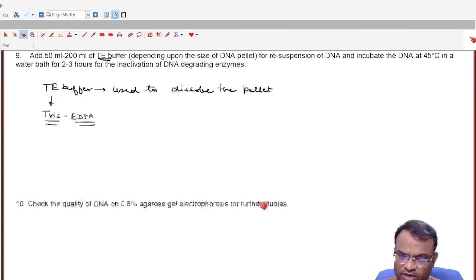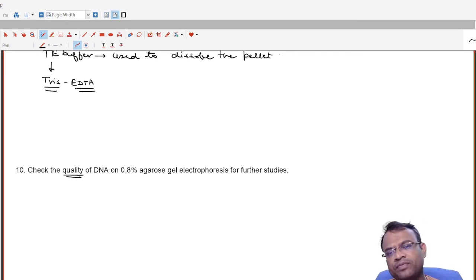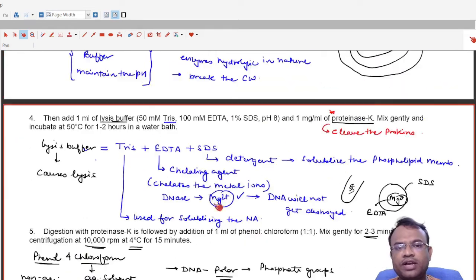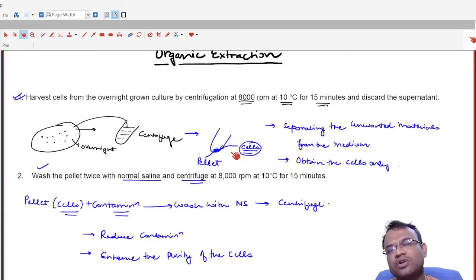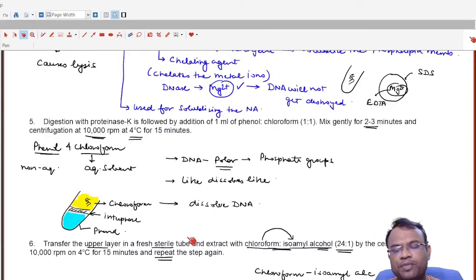Next, you can check the quality or the amount of the DNA through gel electrophoresis. You can do that, plus you can also use nanodrop. So these were the steps through which you can isolate the DNA with the help of organic solvent. I hope you have understood this particular topic pretty well.